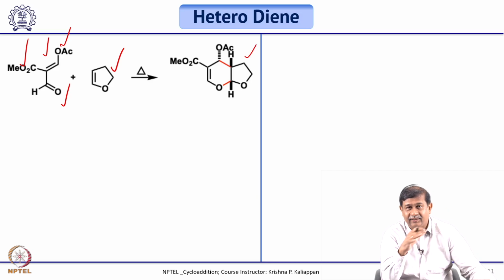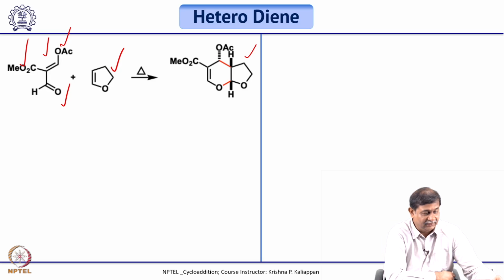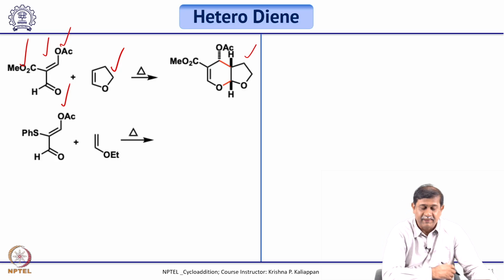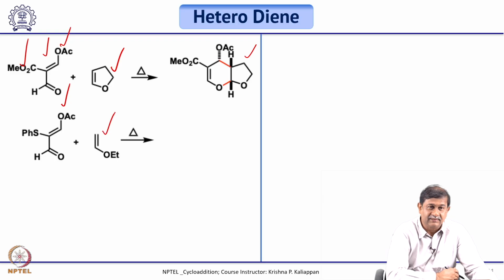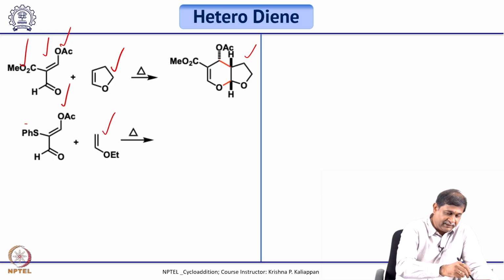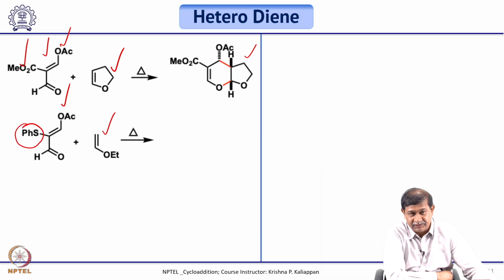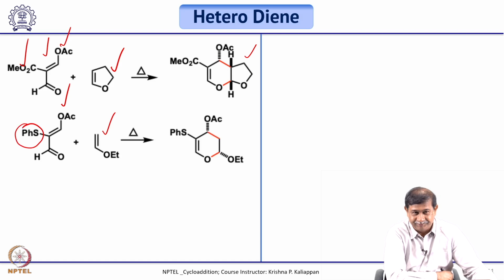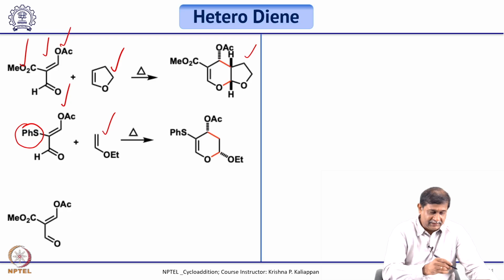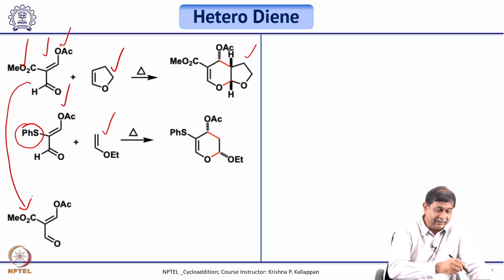You can easily draw whatever I discussed earlier, how to write transition state for getting exclusively this product, and one can also extend this with another diene where instead of ester you have electron donating SPh group. This also can give this product, and this is the same example you can see here.